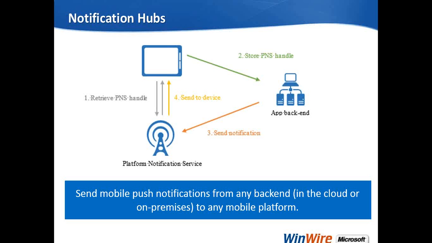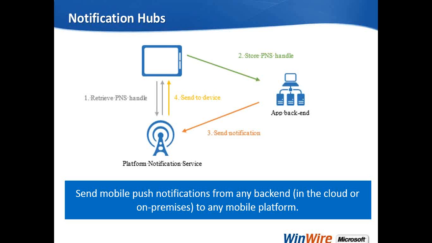Push notifications help the backends display fresh information on the mobile devices, even when the app is not active. So even if it is in the background, the backend can send push notifications about the latest updates regarding the app to the user. And these push notifications are delivered through a platform-specific infrastructure called a PNS.